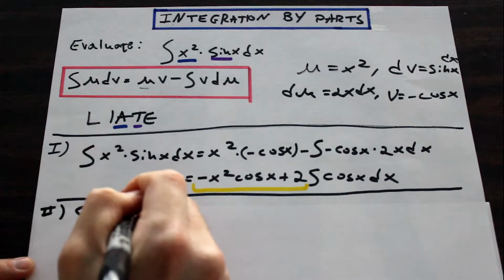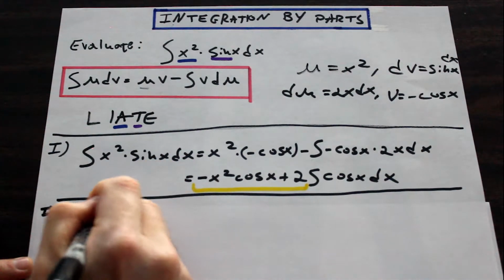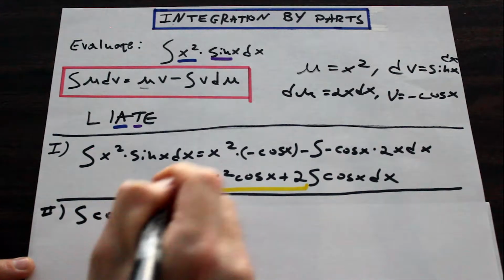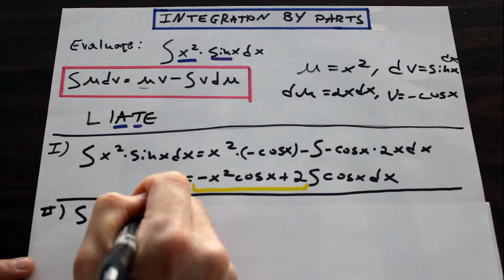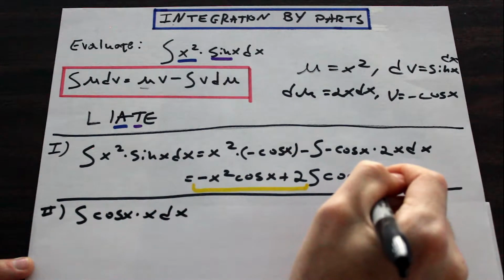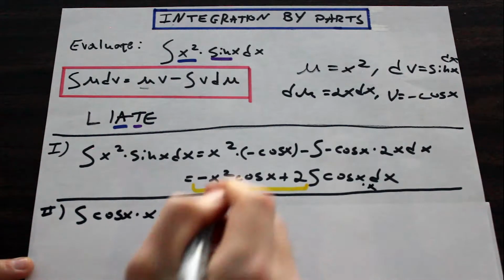So the integral of cos x times x dx, I'm missing an x here, alright.